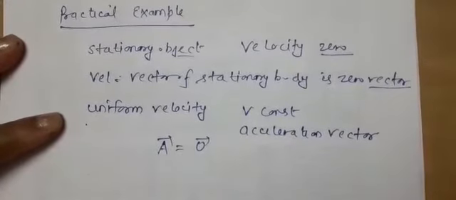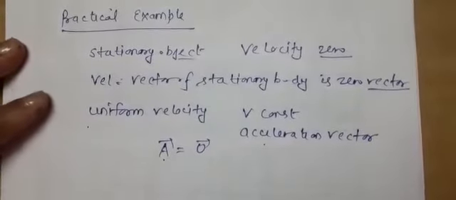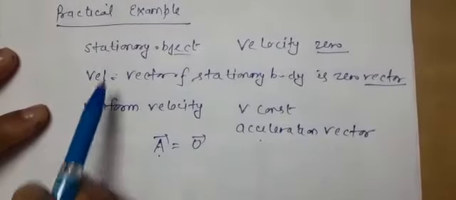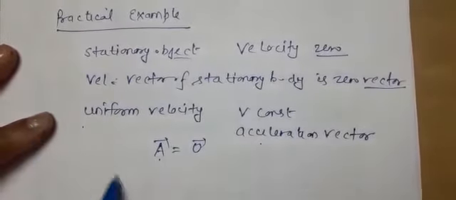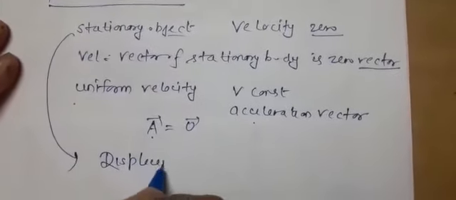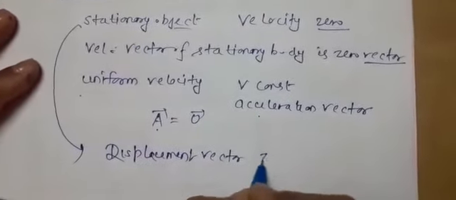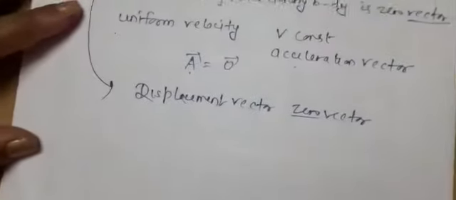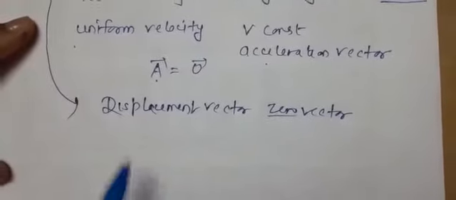Similarly, for a stationary object, the displacement vector will also be a 0 vector, because the body is stationary at a point and its position is not changing in any direction.